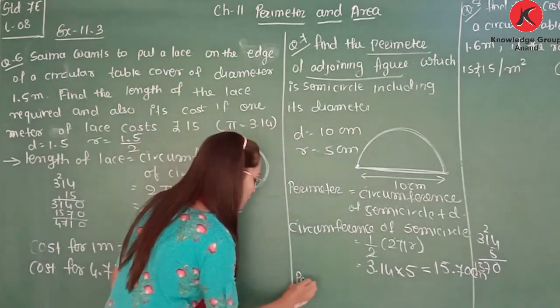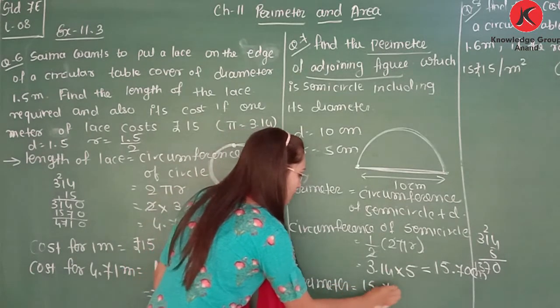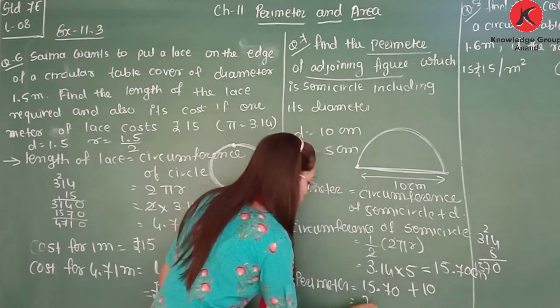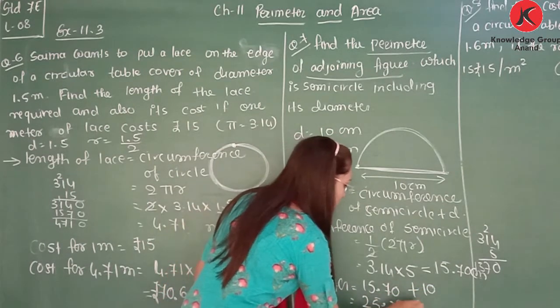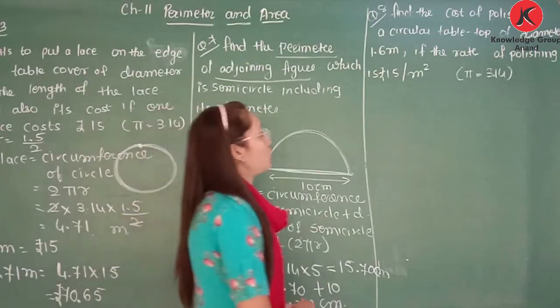So perimeter will be 15.70, that is the circumference of the semicircle, plus diameter, that is 10, so it is 25.70 centimeter. Okay, now question number 8.